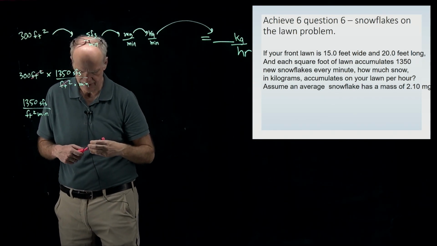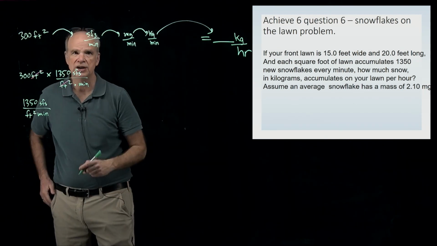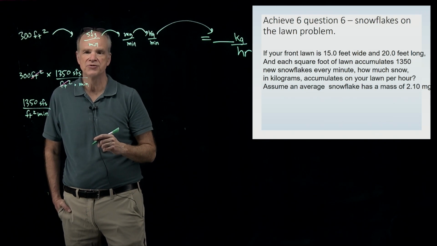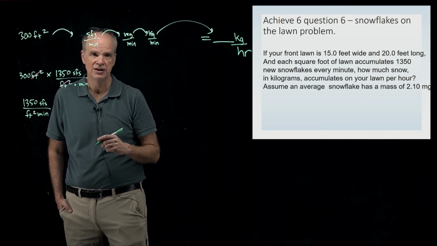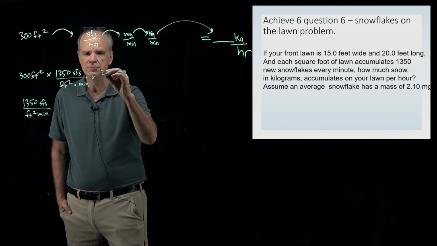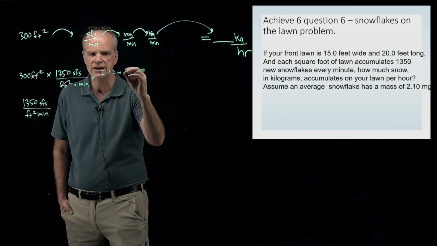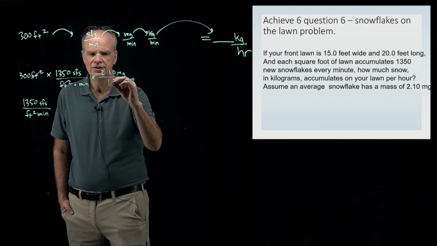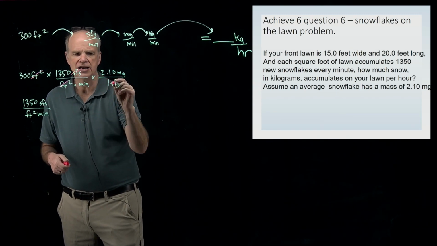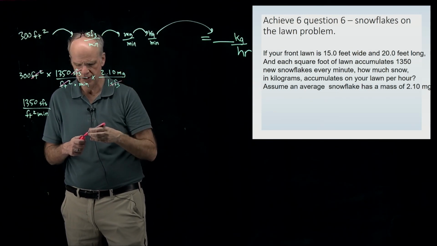And now you have it in snowflakes per minute. Okay, so what's the next step? Next step is you have to get this in milligrams per minute. So that's not so difficult to do because you can see that every snowflake has a mass of 2.10 milligrams. So we have 2.10 milligrams over one snowflake. And so here you can see the snowflakes cancels out. And so right now we're in milligrams per minute.